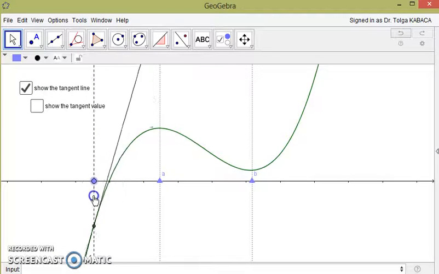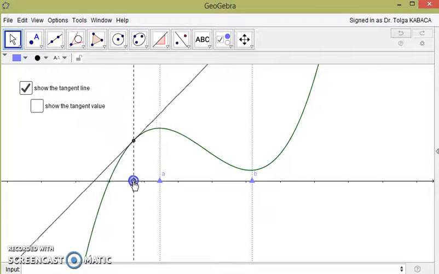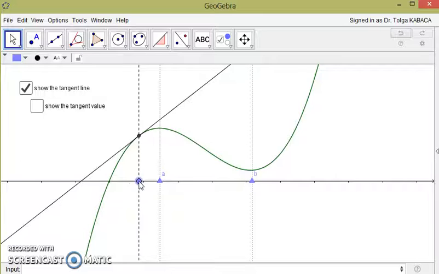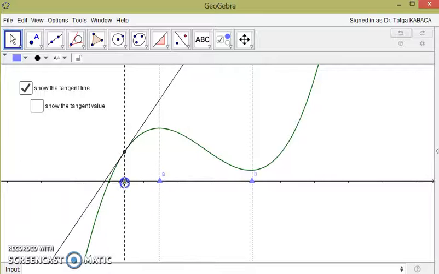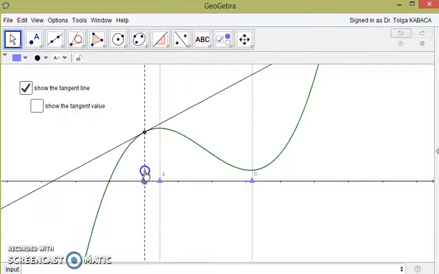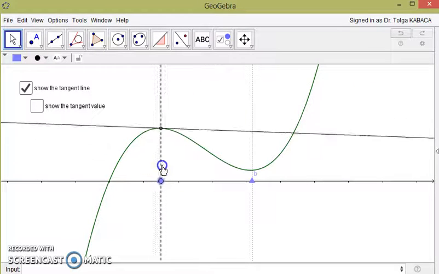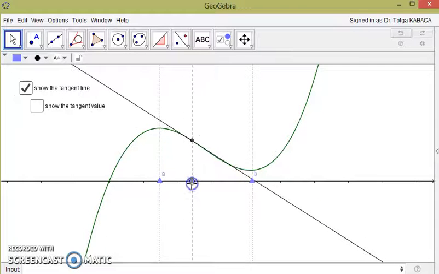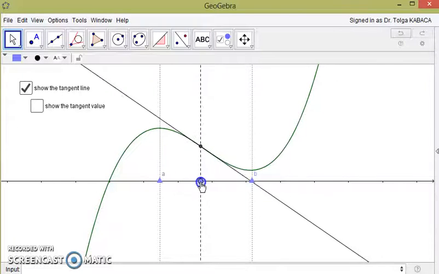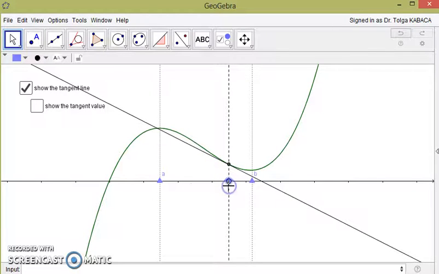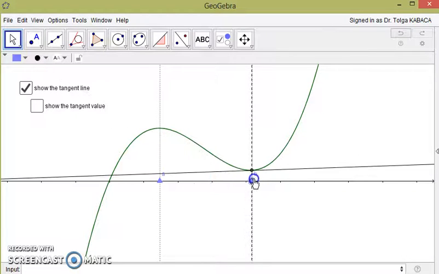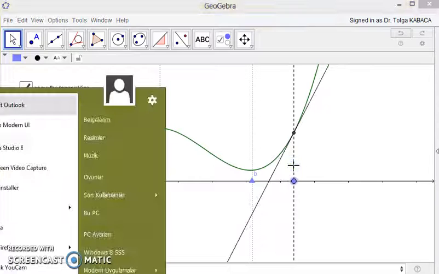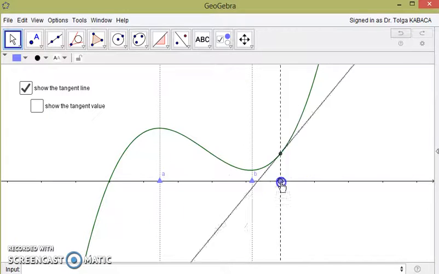When the first derivative is positive, it means the tangent line is positive, and the function is increasing. And when the first derivative is negative, the function is decreasing. It is easy to observe and easy to understand.